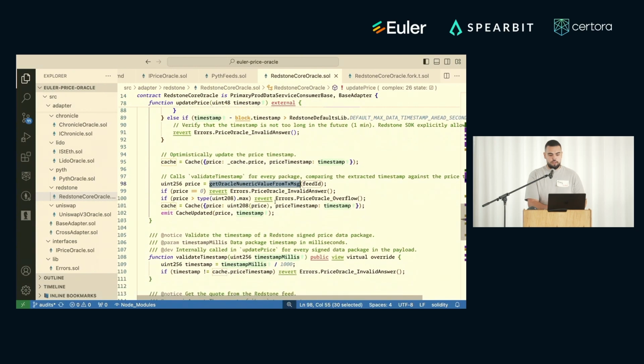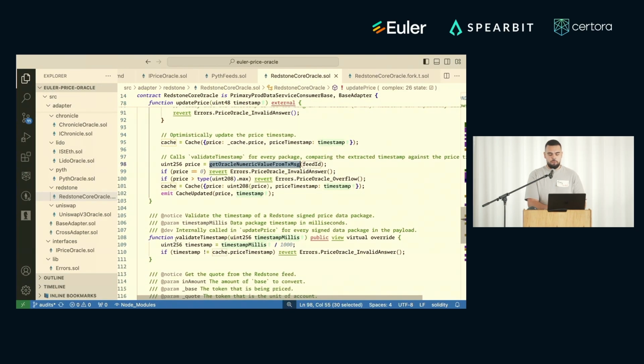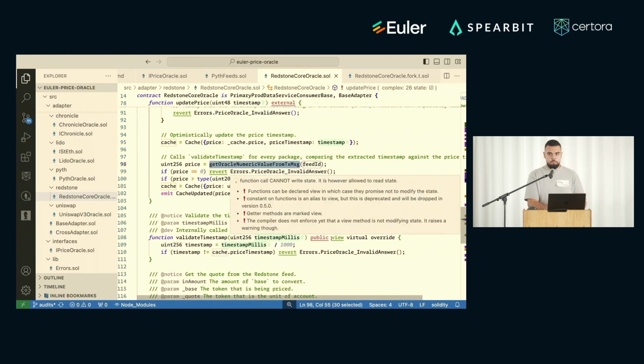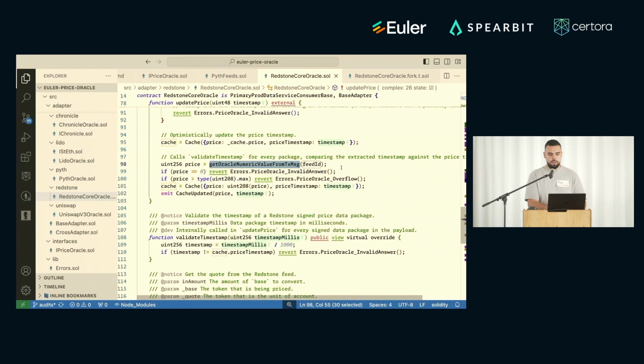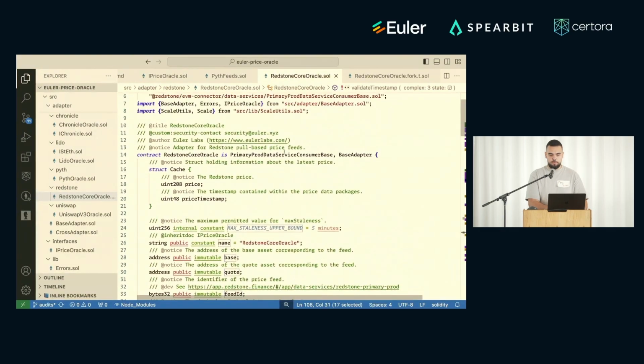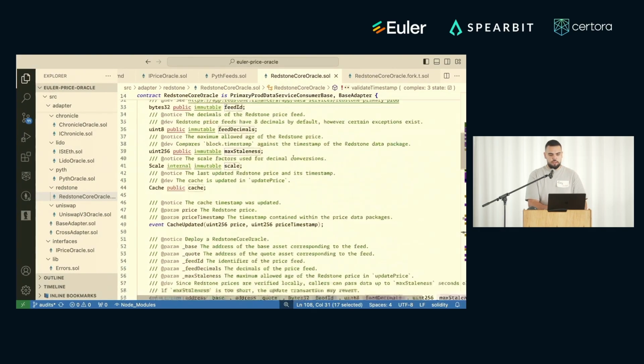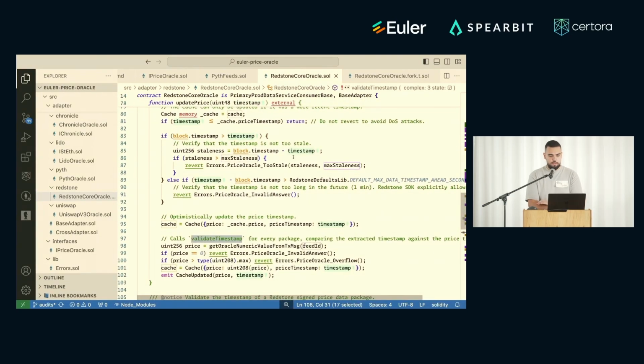And so for each one of them, it will call this overridden validate timestamp. It will memorize the price, and after all of it, it will return the median price out of the packets. And so when this code is dispatched, you should imagine that this is called n times, and then the price is returned. You should follow the internal call chain in this inherited method to see how that actually happens.